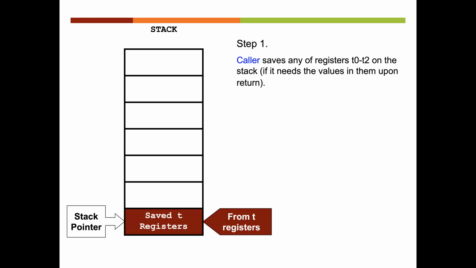This means if it needs a value in them upon return, we're able to receive it. So here we have our T registers that are saved, and we have our stack pointer pointing to the address for the T registers.